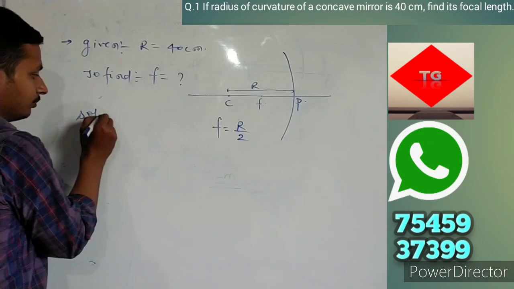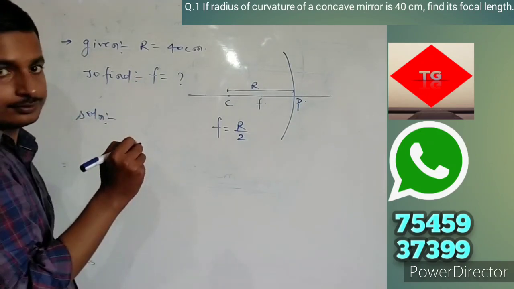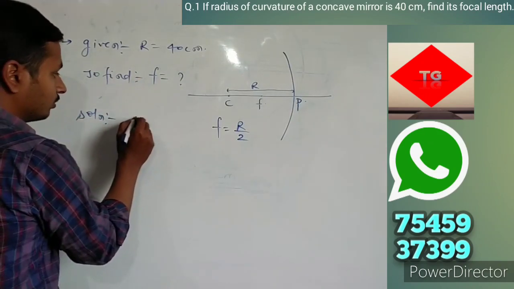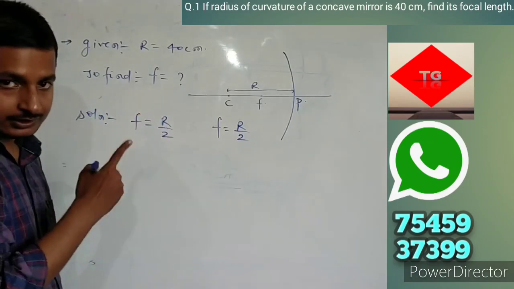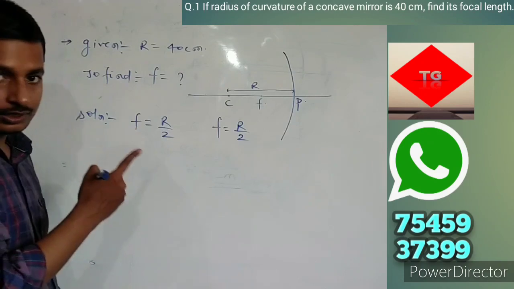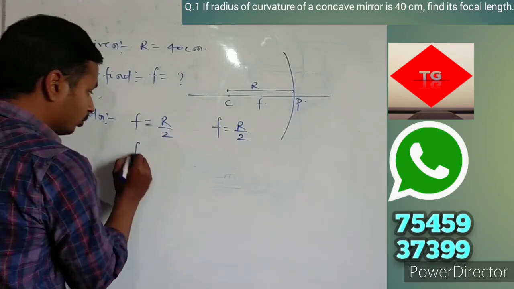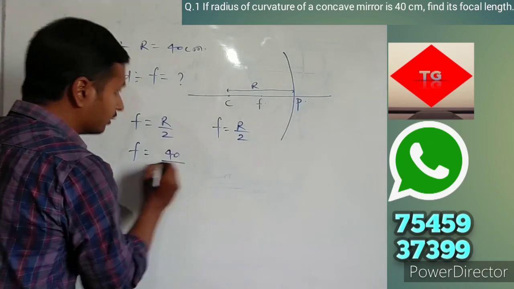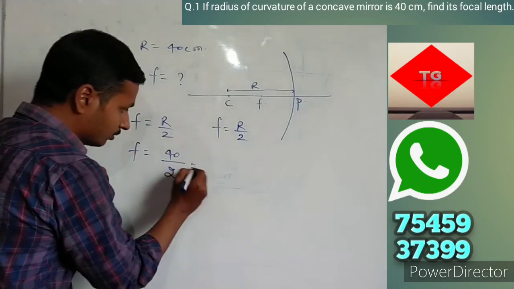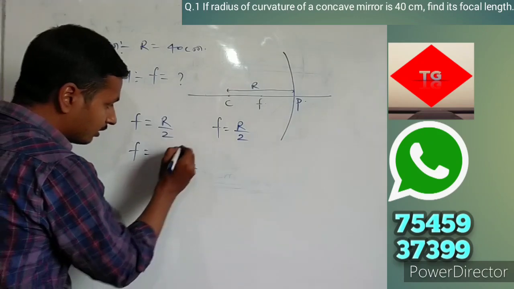Now the solution. F is equal to R upon 2. Focal length is half of radius, you already know. If you put the value of radius, you will get 40 divided by 2. Then finally you will get the answer 20.